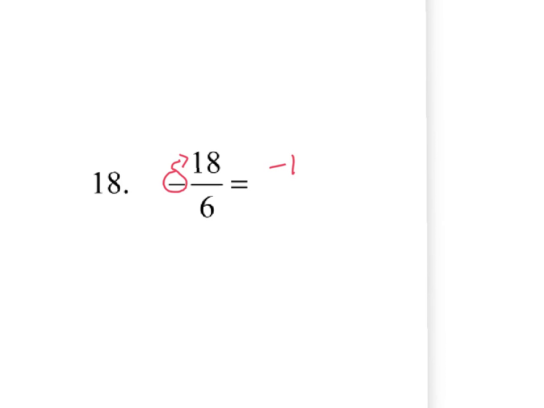So that's going to be negative 18. And the 6, the number on the bottom, stays positive. So only one number is negative. If you see, we have a negative 18 and a positive 6. So we have different signs. My answer has to be negative because we have different signs. And you divide the numbers. 18 divided by 6 is 3. So the answer is negative 3.